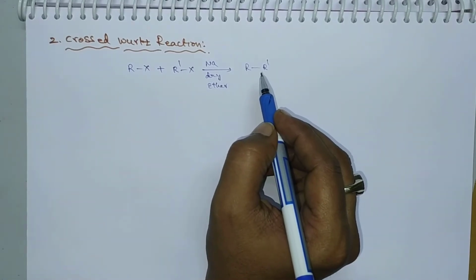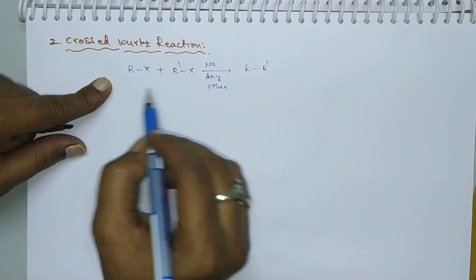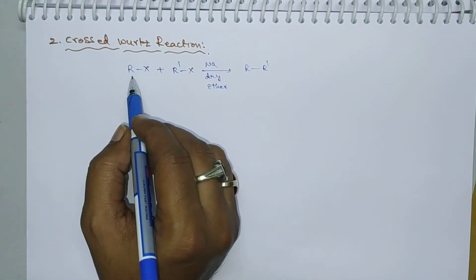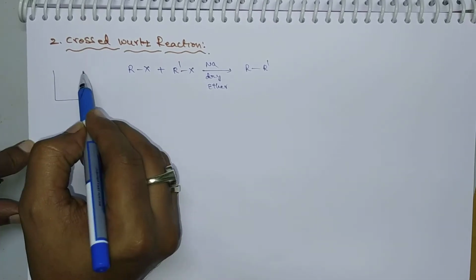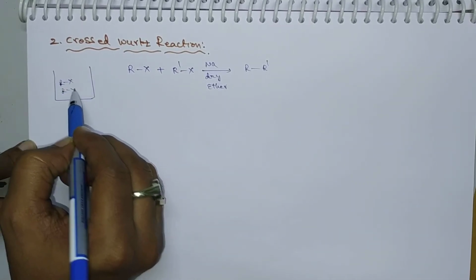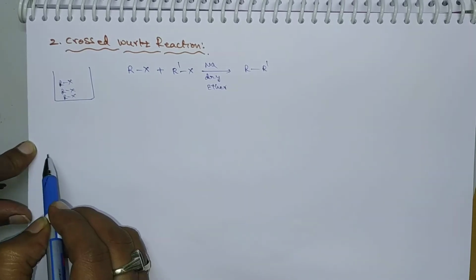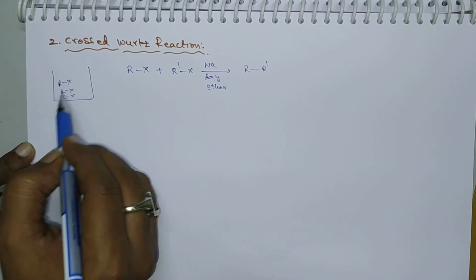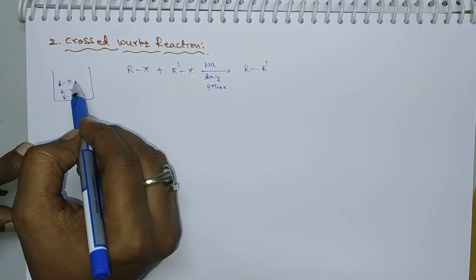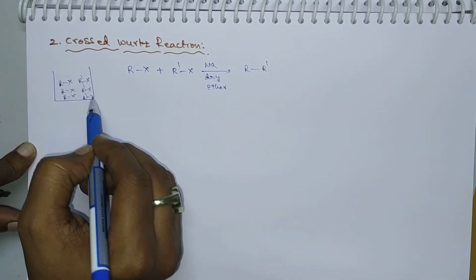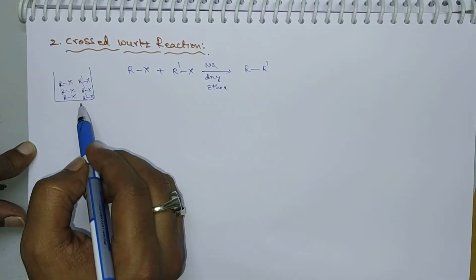Generally if you consider the reaction mixture, it consists of so many alkyl halide molecules. If you take the reaction mixture in a container, a number of alkyl halide molecules will be there. Suppose if you take 10 ml of this alkyl halide, it consists of so many molecules. Similarly the second alkyl halide R'X also consists of a number of molecules.